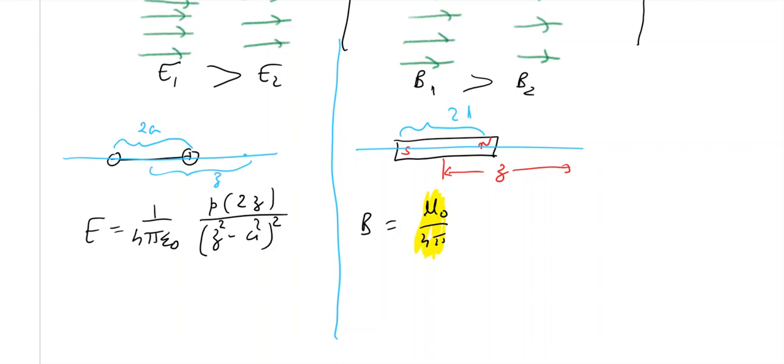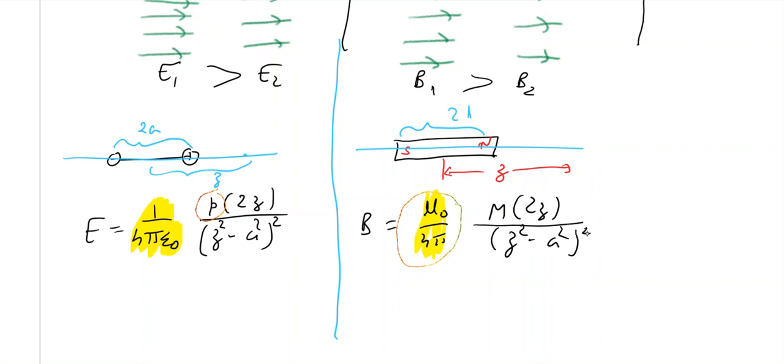In case of electrostatic, the constant term which very frequently appears is 1 by 4 pi epsilon 0, whereas in case of magnetism, the constant term is mu 0 by 4 pi. Okay, now instead of this P, what do we have in magnetism? So we have dipole moment, capital M, distance remains same 2z, z square minus a square whole square. Now instead of a square, I should take L square, so I'll mention L here.